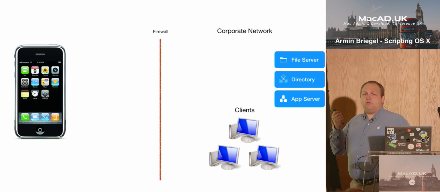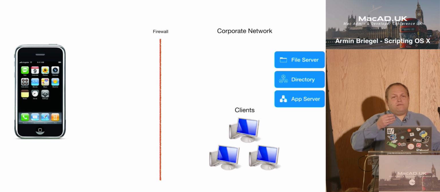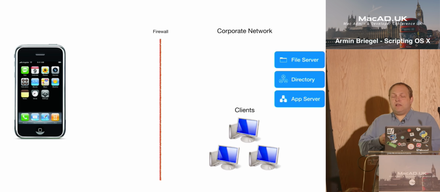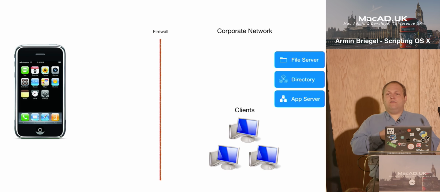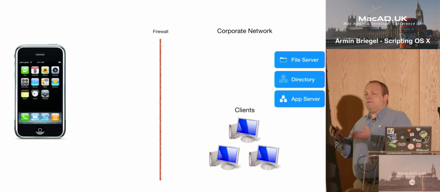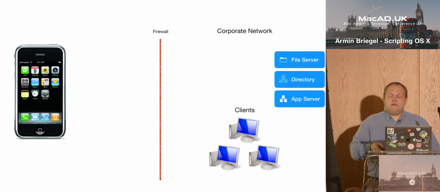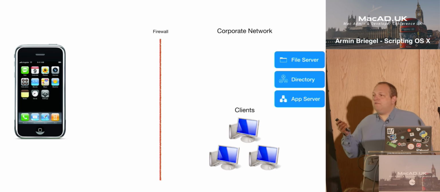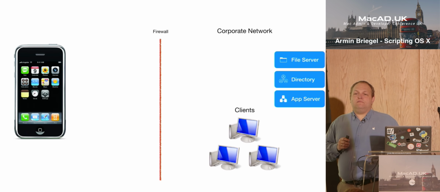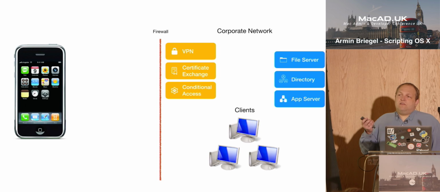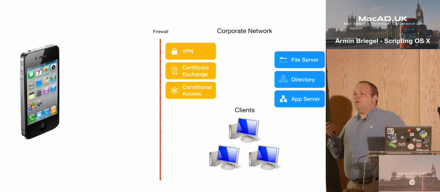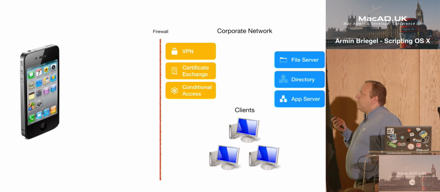And you had your work resources. They were firewalled off, literally, in their own network. And it was hard to get to them. And all the company devices were in the same network, and everything was fine there. But mobile devices, like the iPhone, had a problem getting there. And of course, there was VPN, which had been serving for that for a long time, and you could make that work with the iPhone.